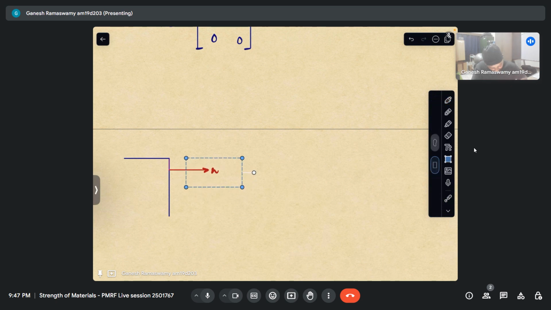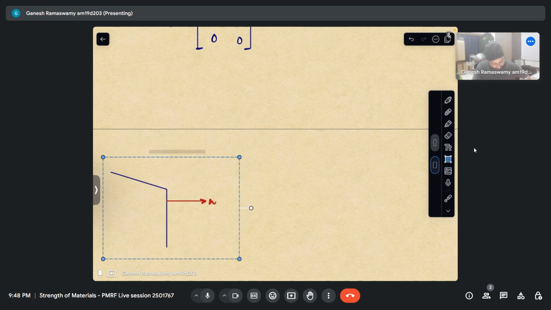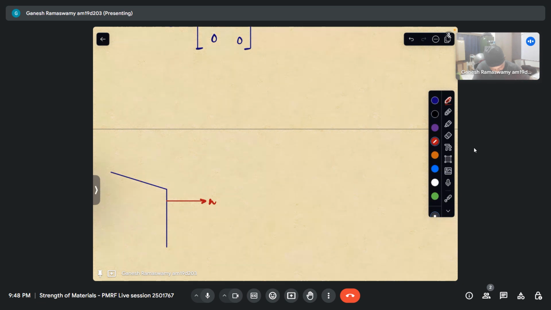Let me move this closer. Only now I will not take this horizontal. Let me take this incline in some fashion. So for this, let the unit normal be like that, n prime, and let this make an angle, say theta, with our x-axis.